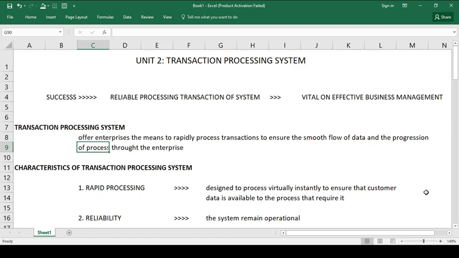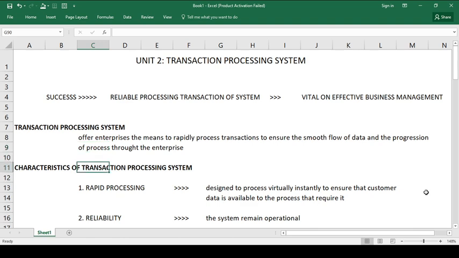It is a process because it follows certain chronological steps, where you must do this first before moving to the next step. So, that's the purpose of why we need to have the transaction processing system.